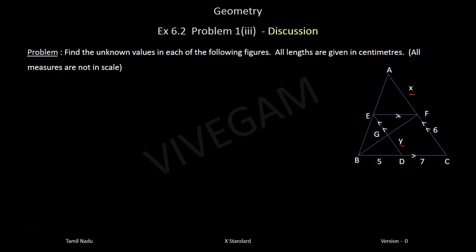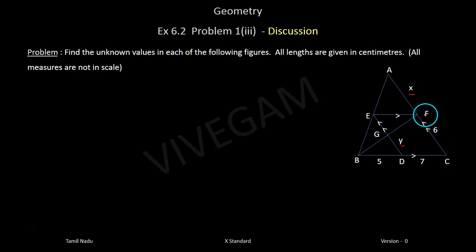Unlike the previous cases, where three measurements are known when you write the corresponding sides equation and you can find the fourth, here this is also not known. So before solving for x, we will have to find EF. But look carefully: this line is parallel to this line, two arrows are there, and this is a parallelogram.